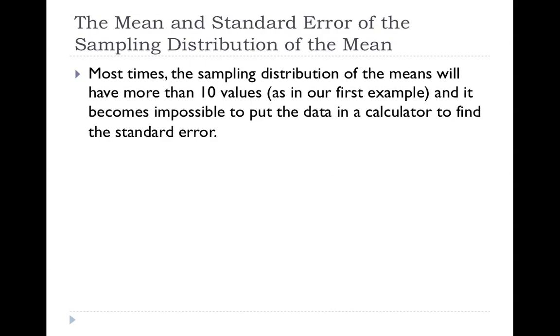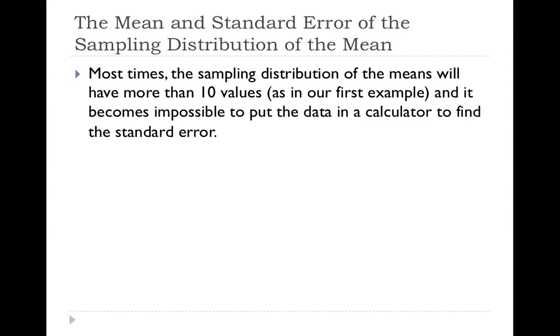Most times, the sampling distribution of the means will have more than 10 values, as in our first example, and it becomes impossible to put the data in a calculator to find the standard error. Okay, so we calculated our standard error by first finding all the possible samples of size 2, then finding each of those sample means, putting them into the calculator, and running one of our stats to find the standard deviation for that collection of sample means.